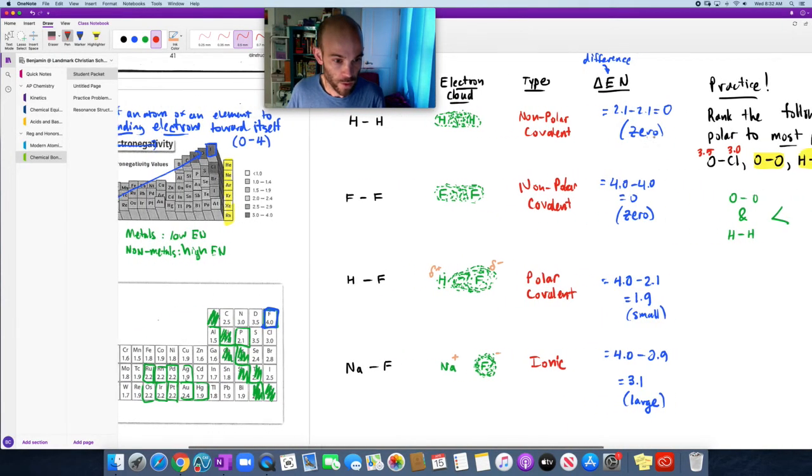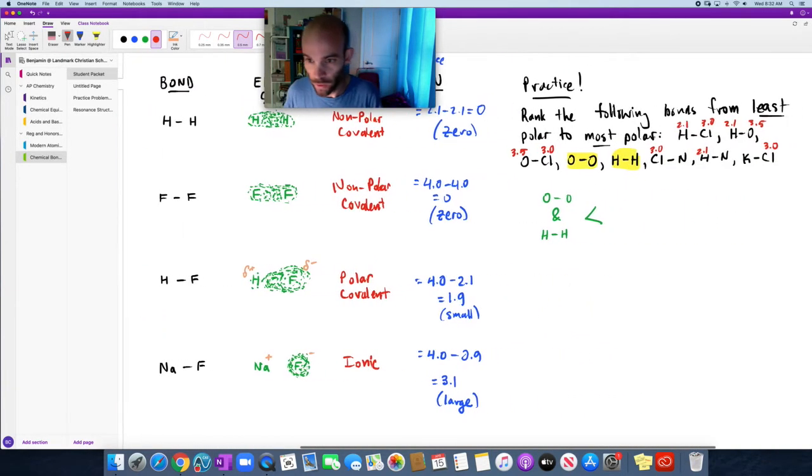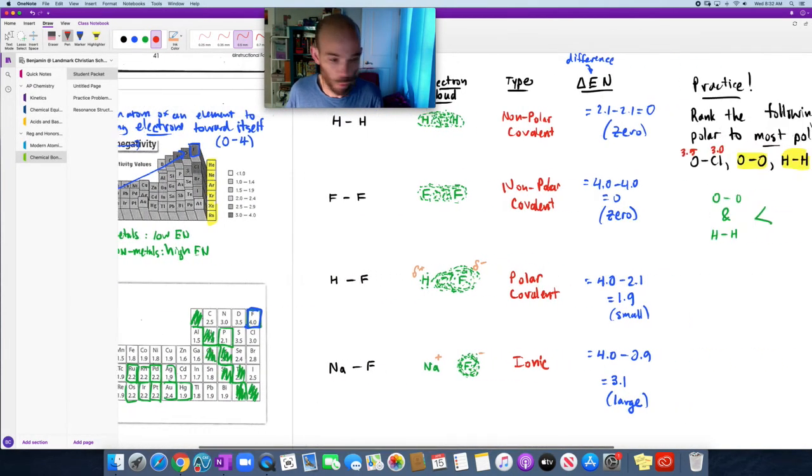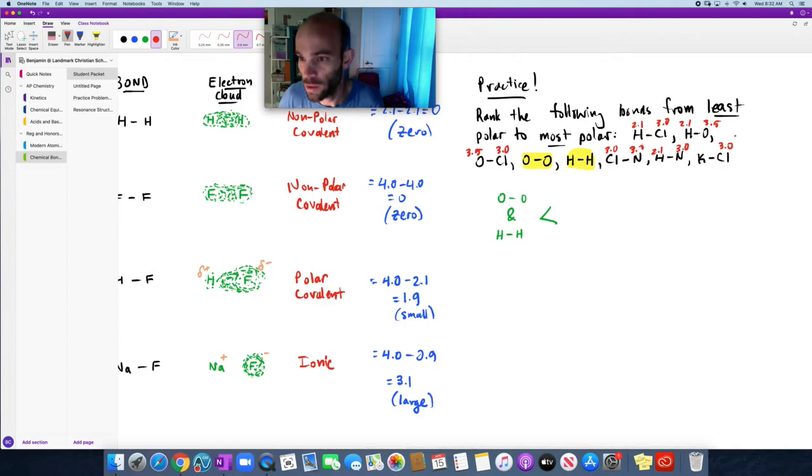Yeah. So we've got a tie between nitrogen and chlorine as well. Okay, so that's good to know. Nitrogen is 3. And potassium. Potassium is 0.8. So now we can do some subtractions to figure out the differences in electronegativities and rank these bonds.